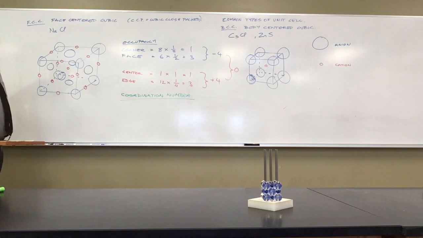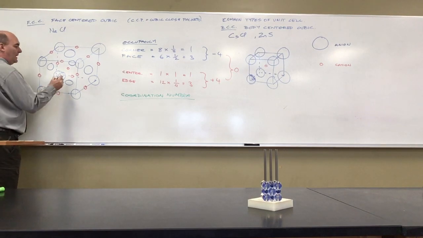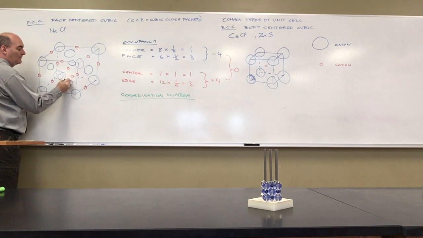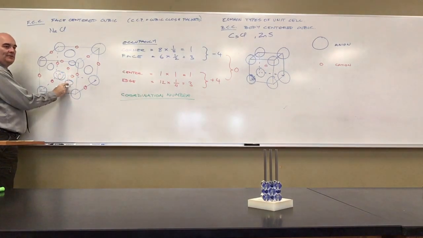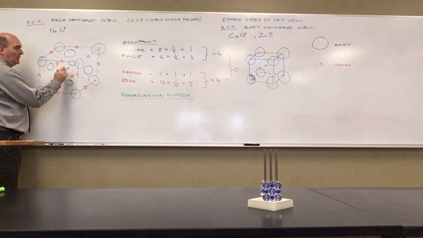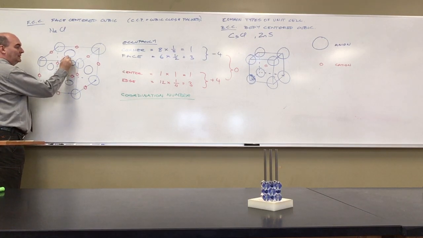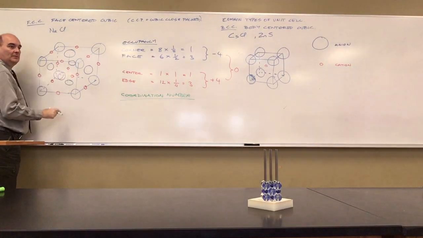What is it closest to? The bases, yeah. It's at the center of the cube. So it is immediately above that one. And that distance has to be exactly the same as that distance, top and bottom.